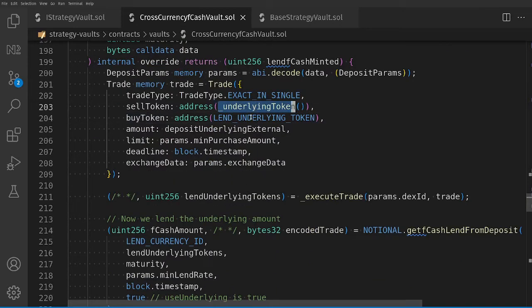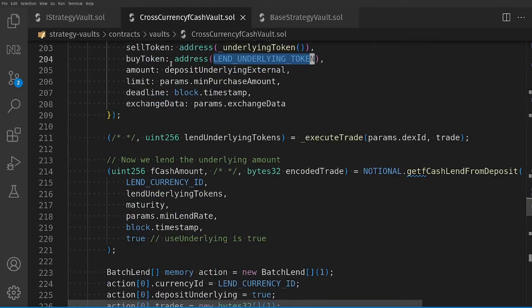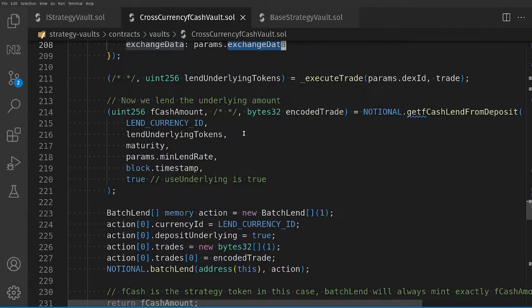So selling USDC, buying DAI. The user can specify slippage limits here and also specify any exchange data that they need. So this will be things like the Uniswap V3 path. If we're using 0x, it'll be the 0x bytecode.